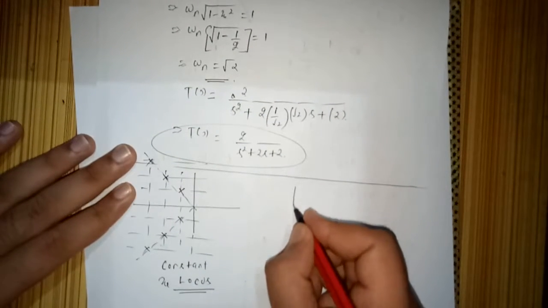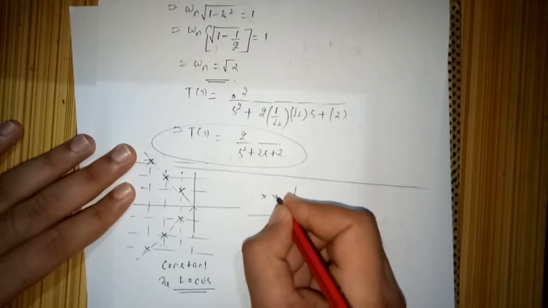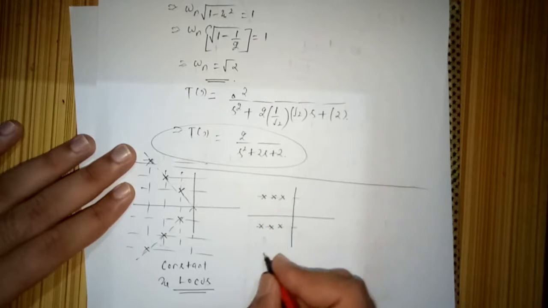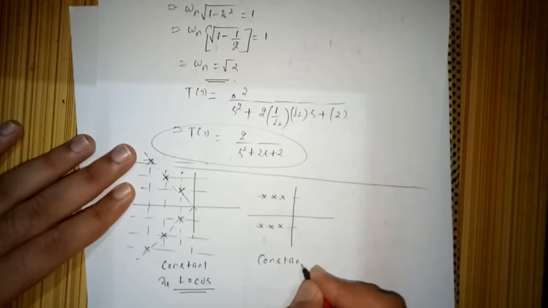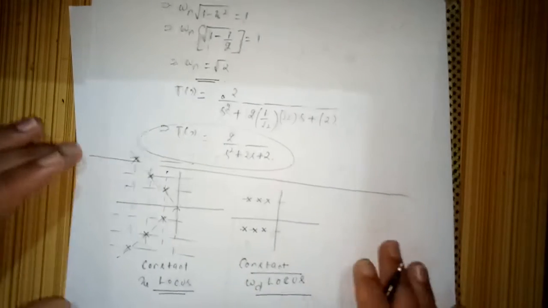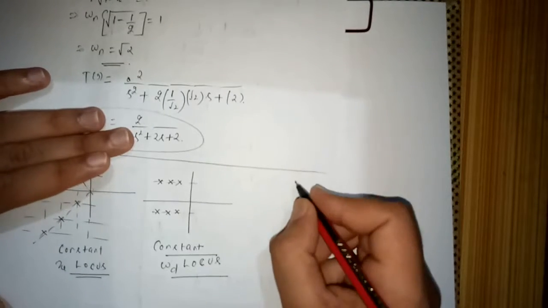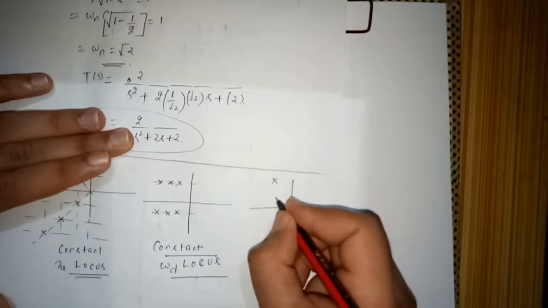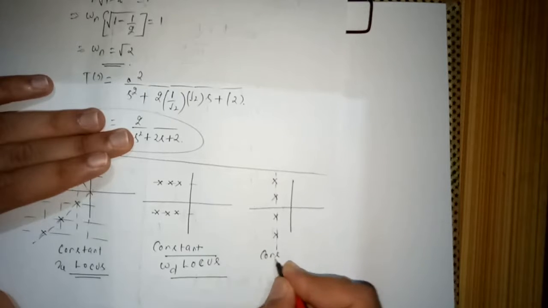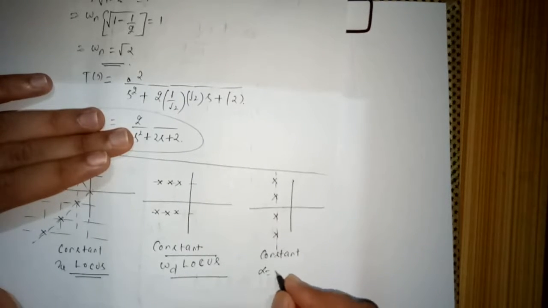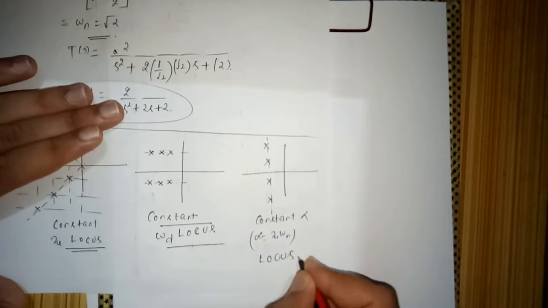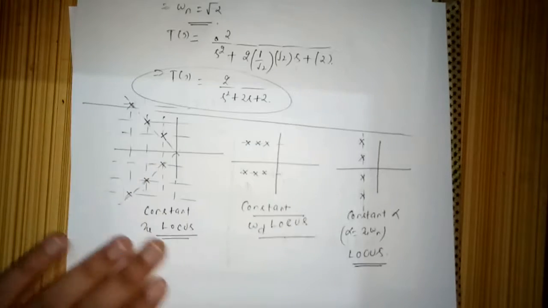And second, if my pole location moves like this, this is called a constant omega d locus, right? And third, if my pole location moves like this, this is my constant alpha locus. Alpha is nothing but zeta omega n. Right?